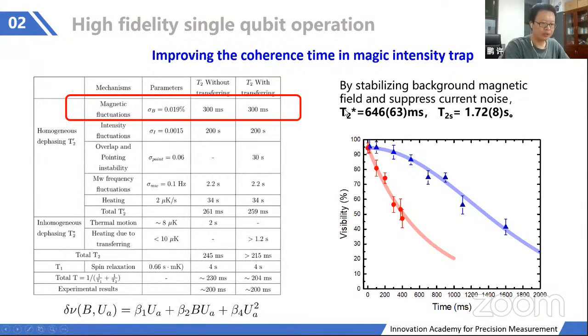And also we use some active feedback to compensate the magnetic field fluctuation. And finally, we can extend our T2 star coherence time to 600 milliseconds, and the spin echo coherence time can be extended to nearly 2 seconds.